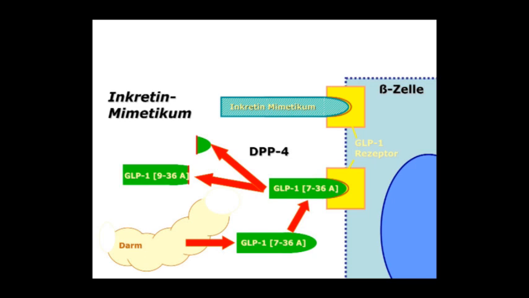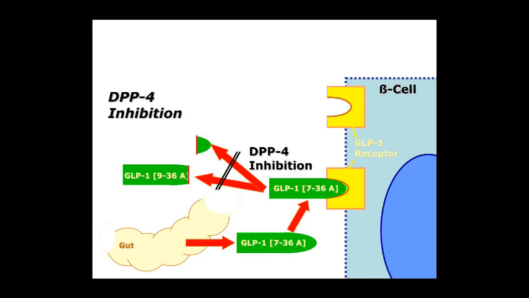So 2 therapeutic avenues have been developed from these findings. The incretin mimetics, which are peptides like GLP-1. They look a little bit like GLP-1. They can bind to the same receptor. They should be resistant to DPP-4, and they should also have a long half-life. So now you know we have preparations that instead of having a half-life of 1 to 2 minutes, can be injected once a week. So this has been very successful.